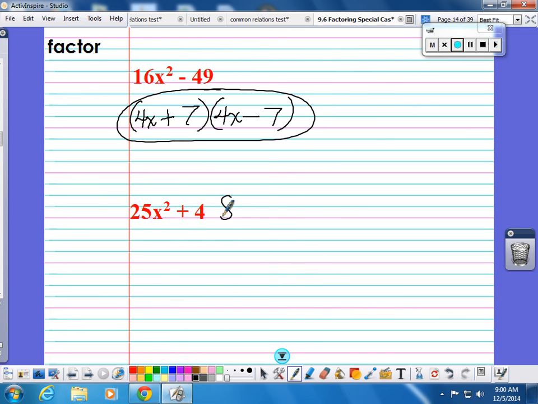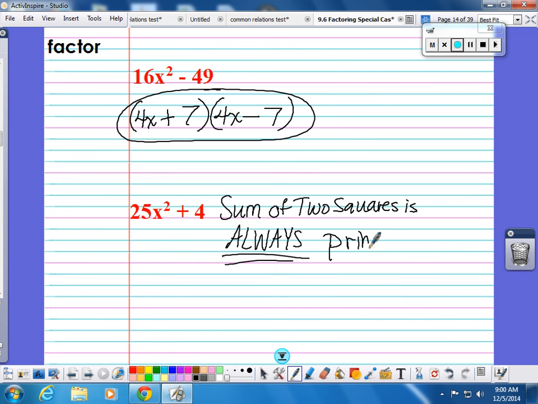Let me just tell you that the sum of two squares, and you don't hear this word much in math, is always prime. Unless there is a greatest common factor, and then you could factor it out. But still, the sum of two squares, it's prime.